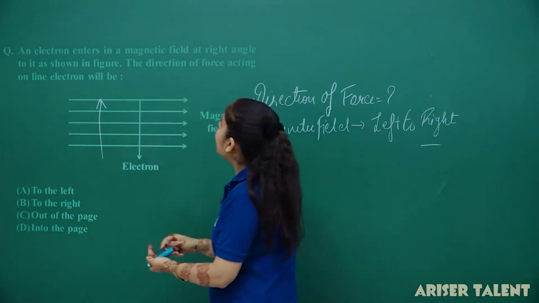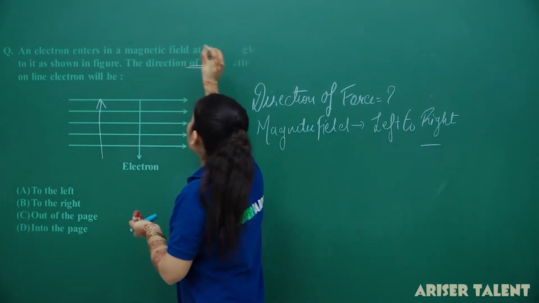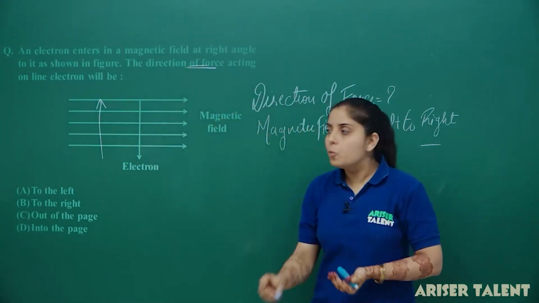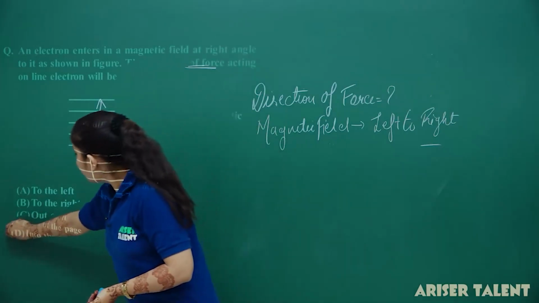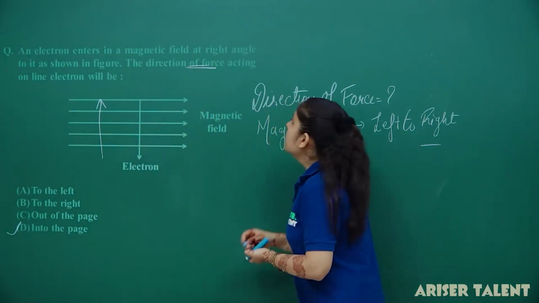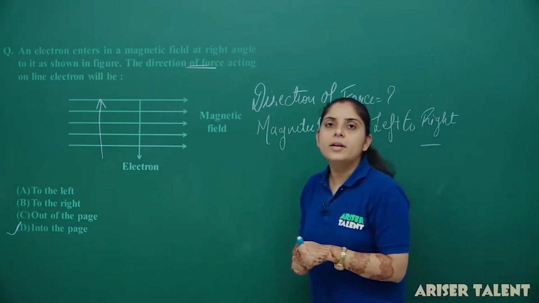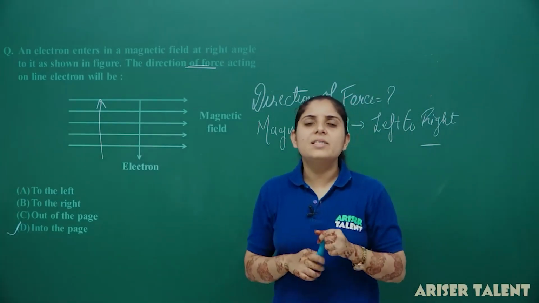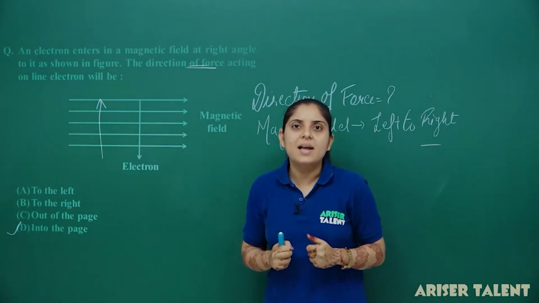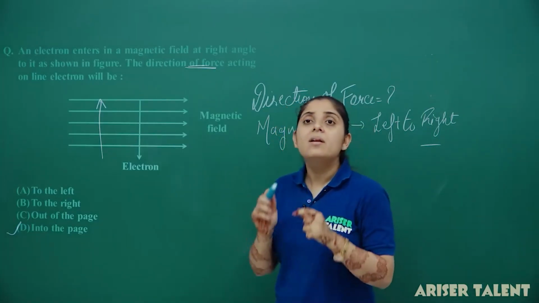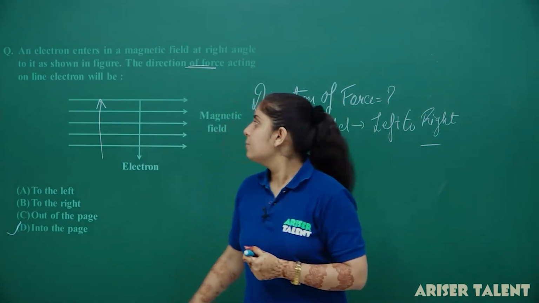So we can say that the direction of the force according to Fleming's left hand rule will be into the page. So this is a very important question we have, and we have discussed these questions in our previous lectures also. So just remember, this topic is very, very important.